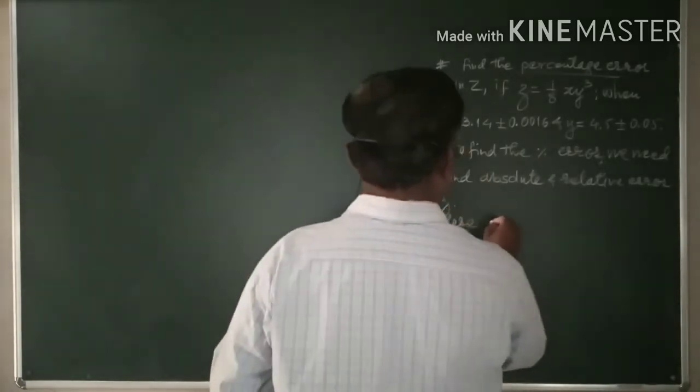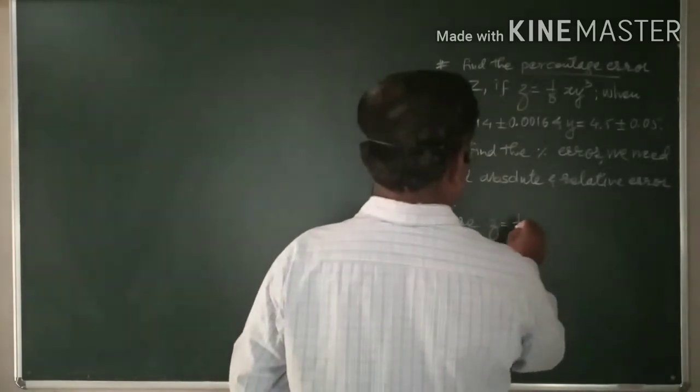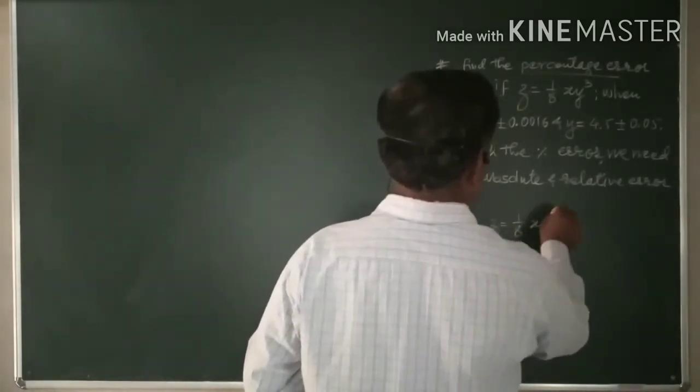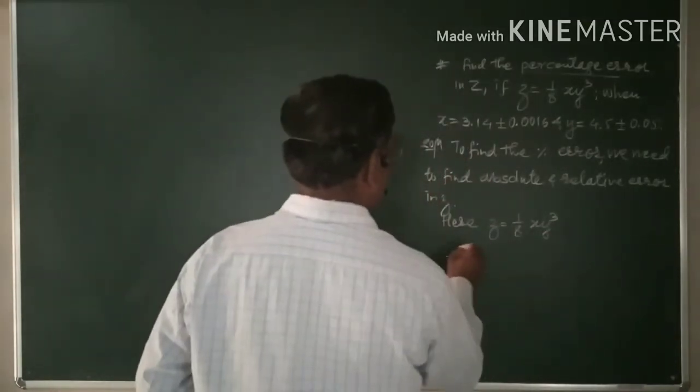Okay, here what is given is that Z is equal to 1 over 8 x y cube. And therefore what we do?